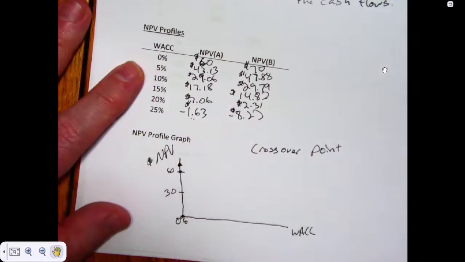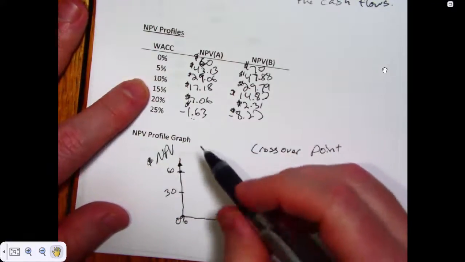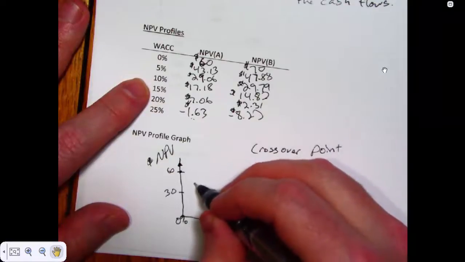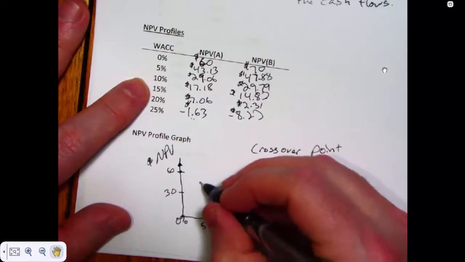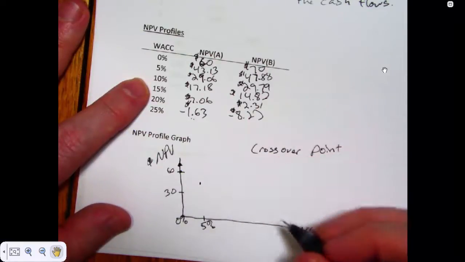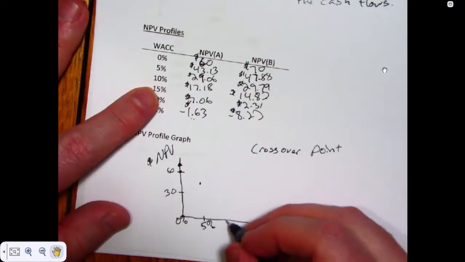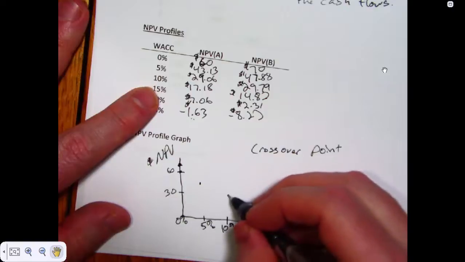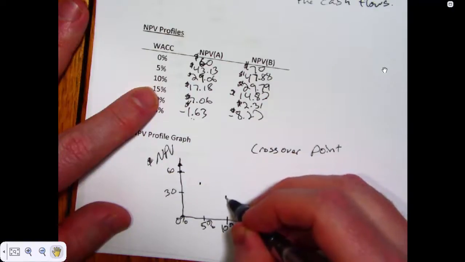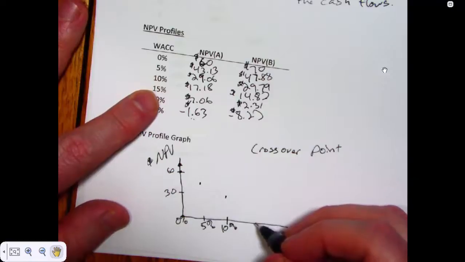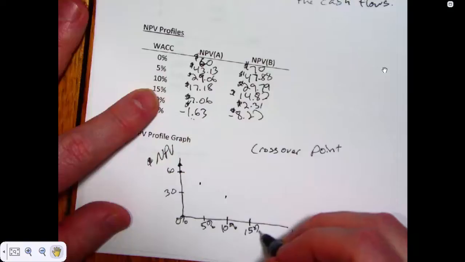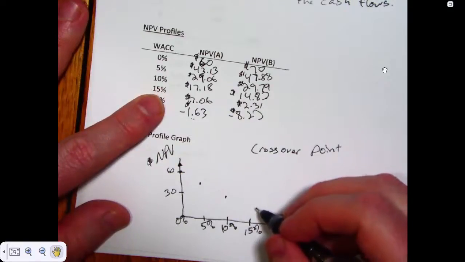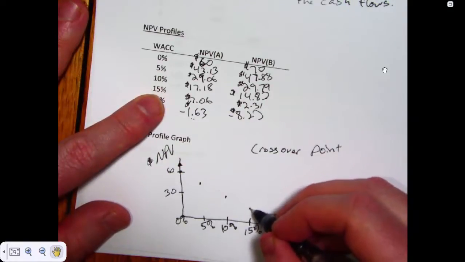So A at 5% is going to be at 43. It's going to be about right here. At 10%, it's going to be at 29.06, so just a little bit below this 30. At 15%, it's going to be 17.18, so about right like that.